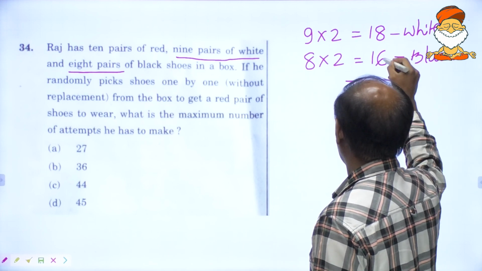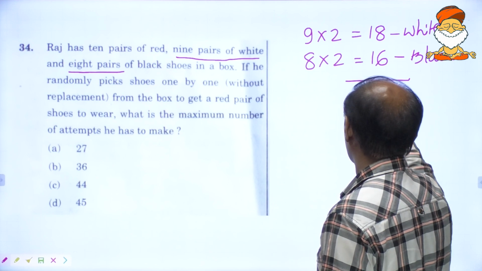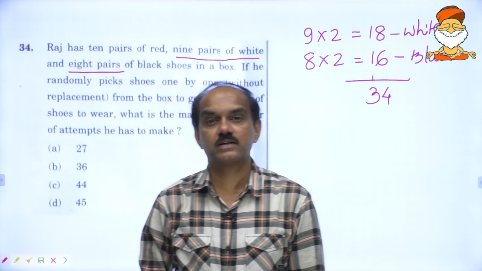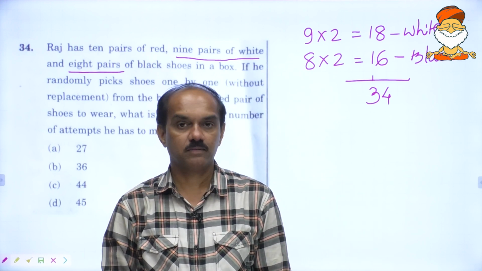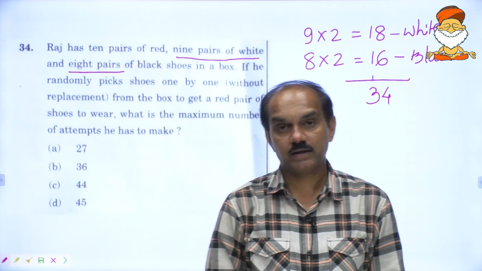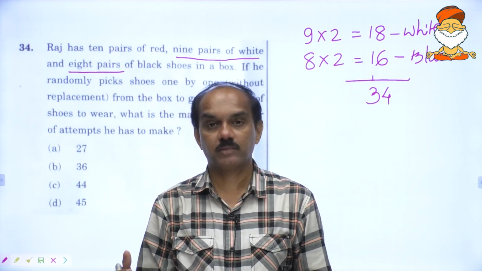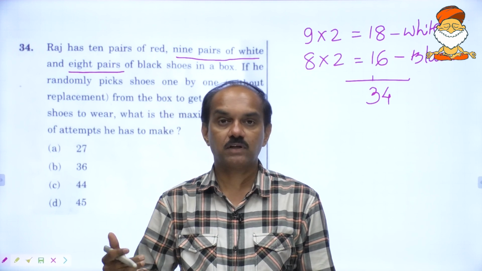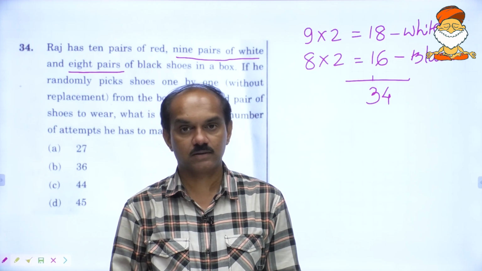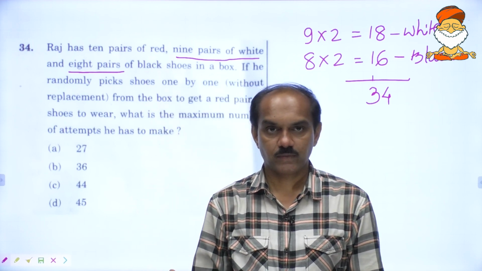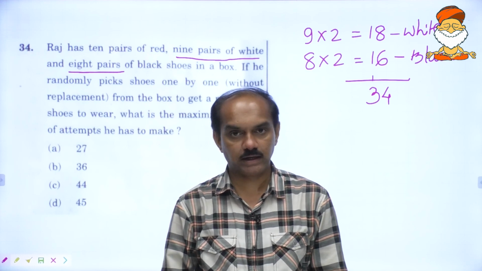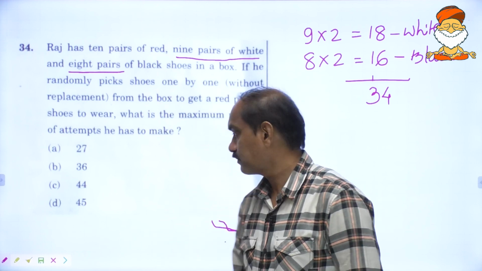Total 18 plus 16. So he has wasted 34 attempts in all before he could see the red ones. And you are asking for the maximum, and this is the maximum. After this, he will be forced to get red because in the bag, now you are left with only red colored ones and you will be forced to get them.